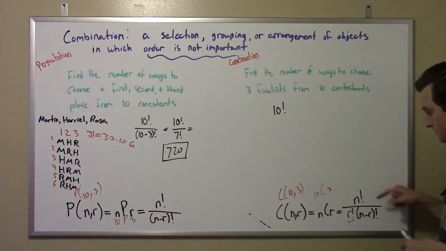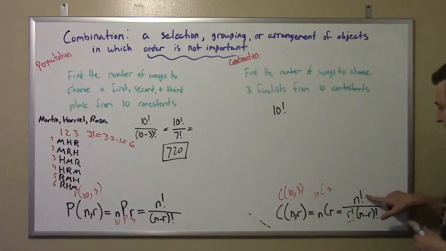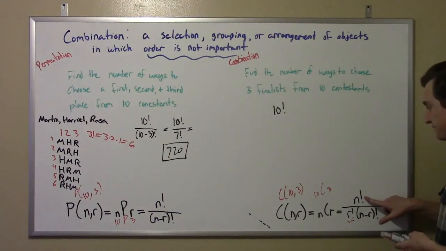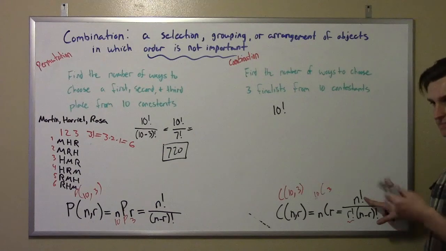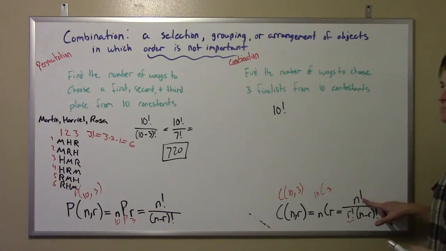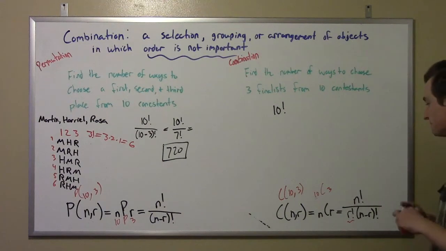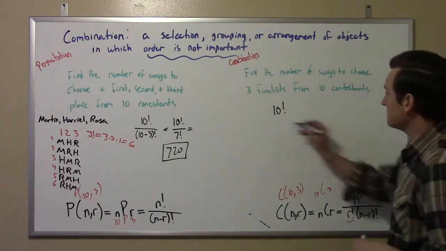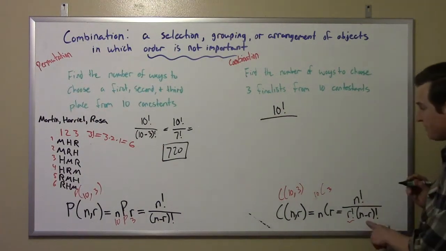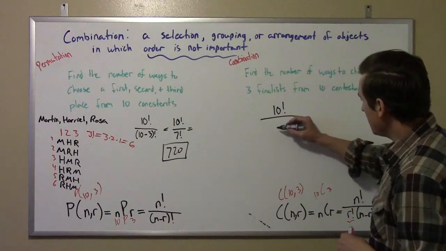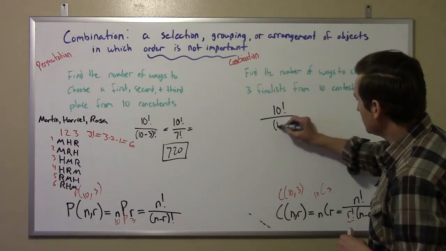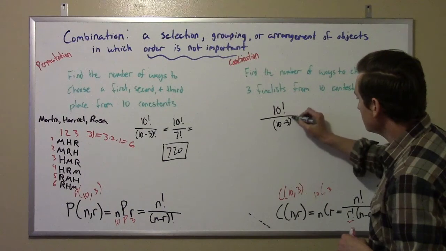This is the formula we're going to use. So n is the number of people we have to choose from. It's typically objects, but that can be people or cards or marbles or whatever it happens to be. So 10 factorial over n minus r factorial, so that would be 10 minus 3 factorial again.